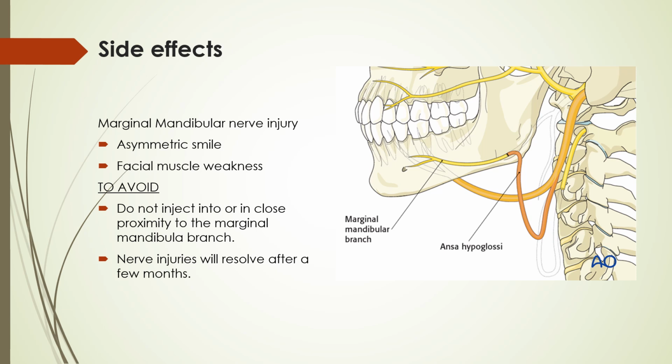So when your client smiles, it looks like it's drooping on one side, a bit like Bell's palsy or a stroke. And also they might have facial weakness and drooping, which is ptosis. So a way to avoid that is obviously not to inject too close to it. So again, sometimes our injection techniques might be more superficial than deep. And again, nerve injuries will take their time to heal. So it's about patience as well.